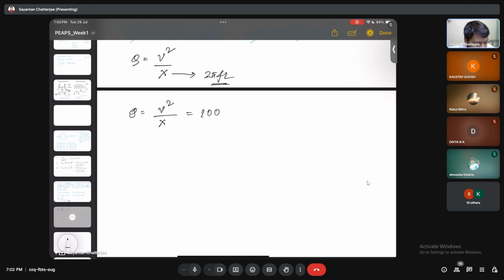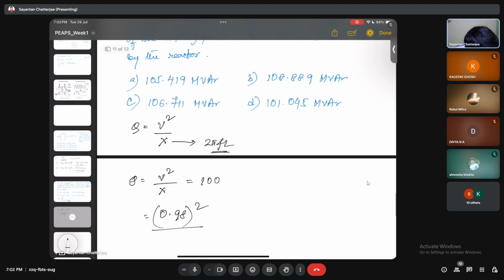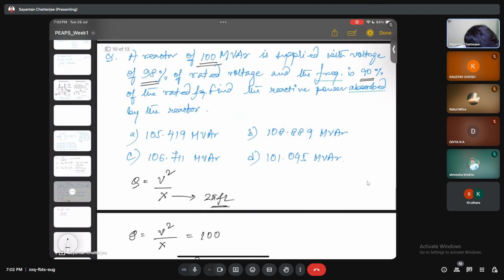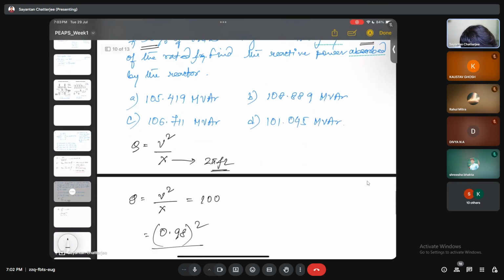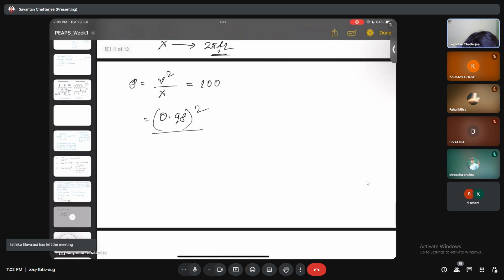Now there is a decrement in voltage which is 98% of the rated, means this V becomes 98% of the rated, and X becomes, in percentage it's 90, so it's 0.9 of the previous.